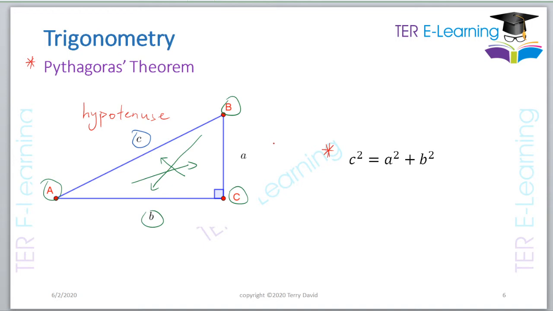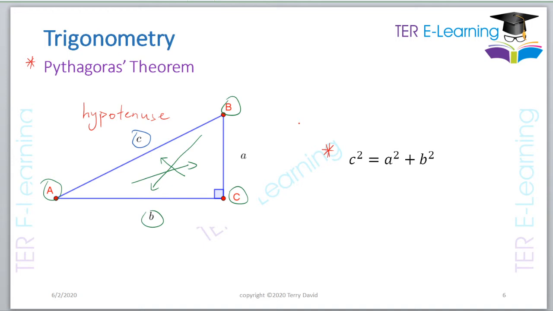So how you should try to remember the formula is: the hypotenuse squared is equal to the sum of the squares of the other two sides, right? I want you to try to remember the formula like that. This is Pythagoras' theorem we're talking about here.